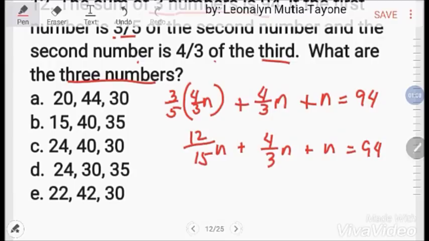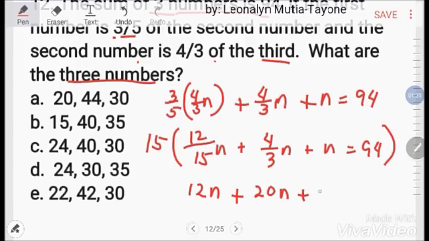And then, I-multiply na lang natin lahat ng 15. So, i-cancel out. This will be 12n plus 20n plus 15n equals 94 times 15, this is 1,410.